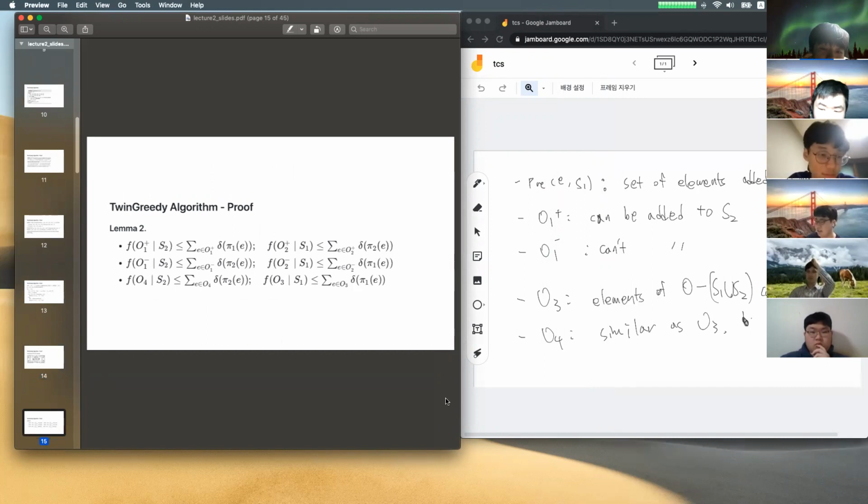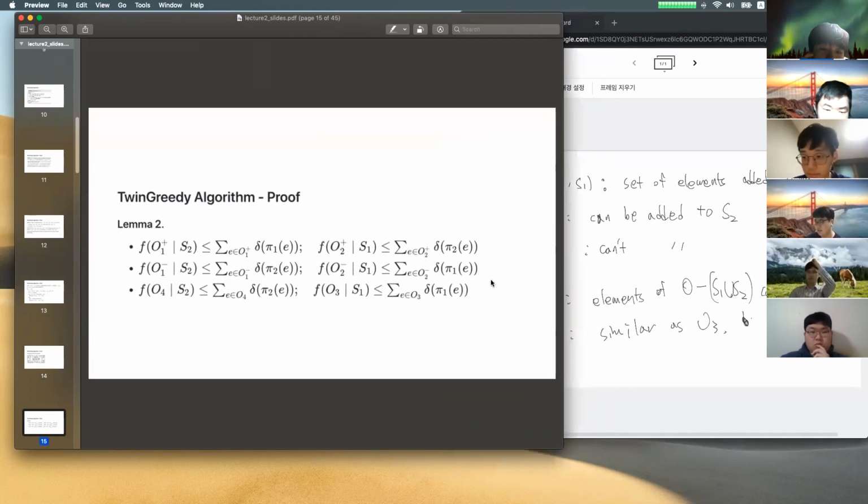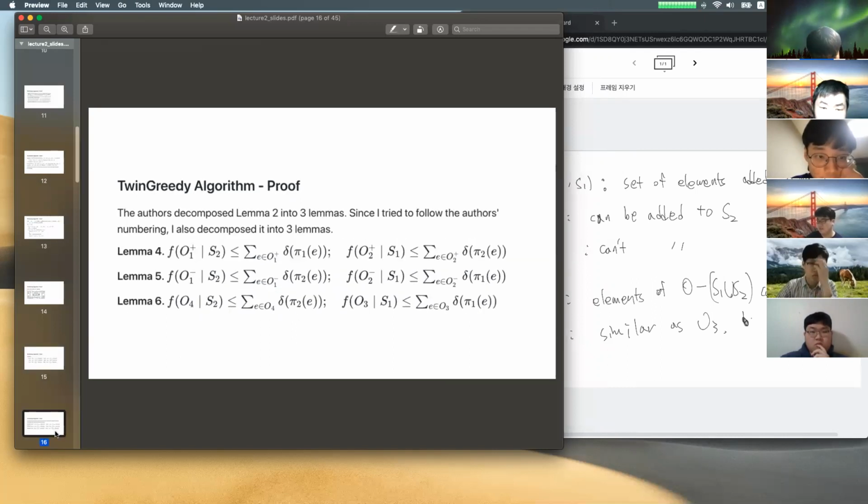So lemma 2 is like this. It is actually 3 independent statements. The marginal gain of O1 plus with respect to S2 is less than or equal to this thing. While making the slide, I tried to follow the author's numbering for lemmas and theorems, so I also decomposed it into three lemmas.